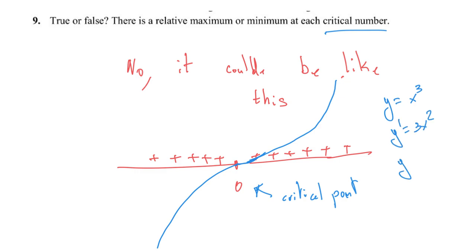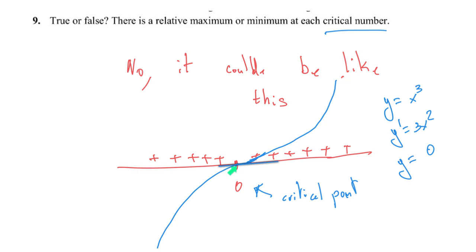What is the derivative at x equals 0? The derivative at x equals 0 is 3 multiplied by 0, which is 0. So at x equals 0 the slope is horizontal. This is the function y equals x cubed. The slope is 0.